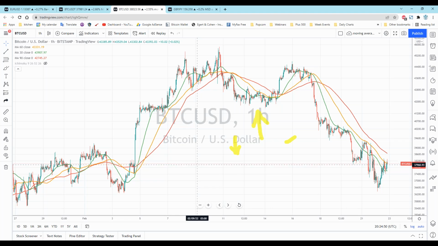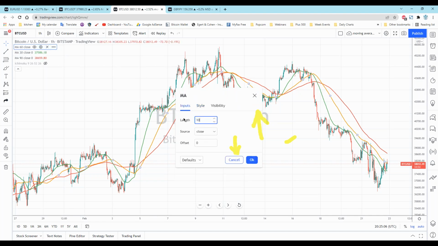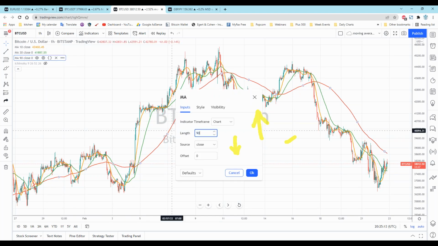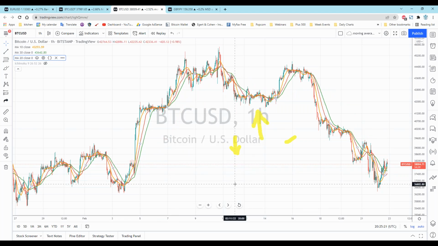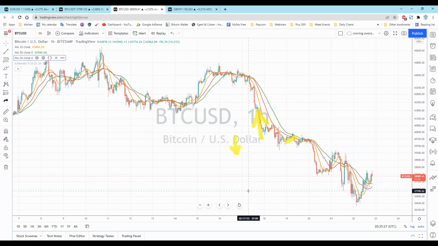But when you think about this, a 30 period moving average, or actually for our type of trading, let's use a 10, 20, 30. Okay, now we're using a 10, 20, 30 right here, which fits our type of trading a lot better.